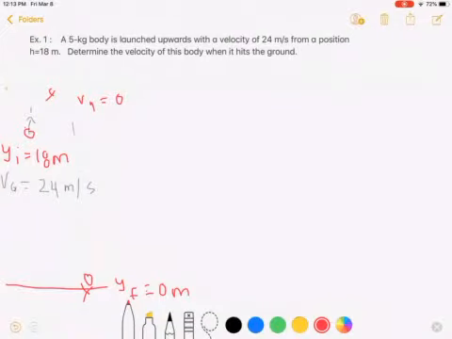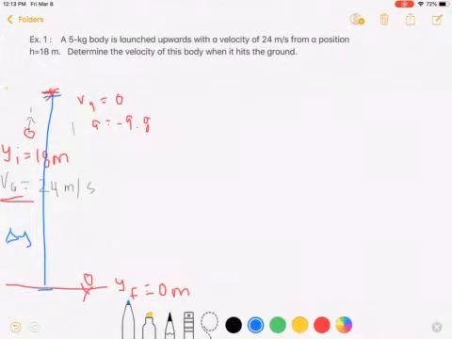So using that information, a is negative 9.8 meters per second squared. V final at max height is going to be 0, and our initial velocity is 24. We can determine the total height above the ground, delta y. Once we determine that, we can then use conservation of energy to figure out its velocity when it hits the ground.